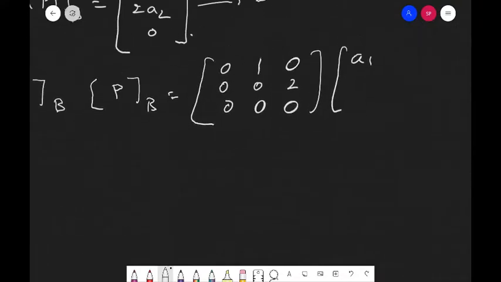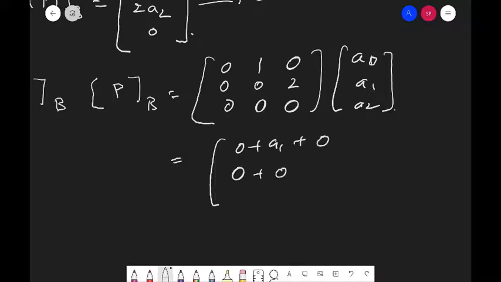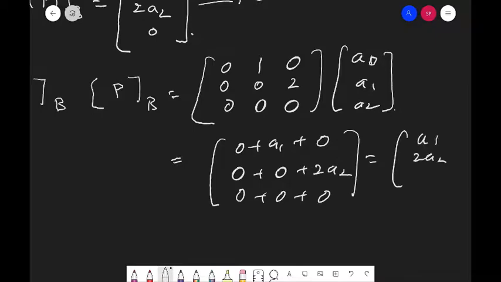Multiplying this, we get 0 plus 0 plus 0, then a0 times 0 gives 0 plus a1 plus 0, and then 0 plus 0 plus 2 a2, that is equal to a1, 2 a2, 0.